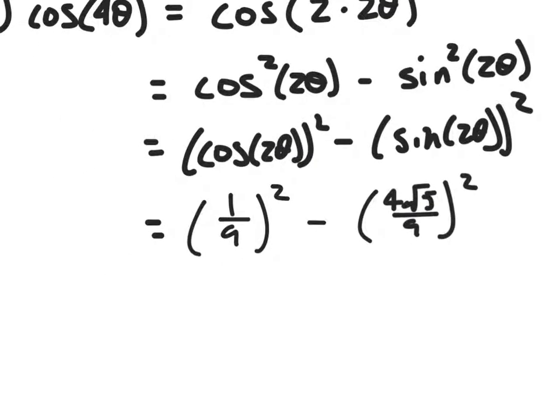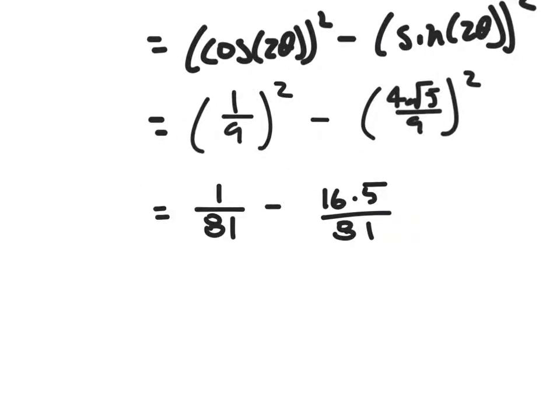All right, so if I take 1/9 and square it, that's just going to give me 1 over 81. Okay, minus, now when I square this, 4 squared is going to give me 16. So I've got 16 times, square root of 5 squared is just going to give us 5. So 16 times 5, and then all that's going to be over 81 as well. So 16 times 5 is going to give me 80.